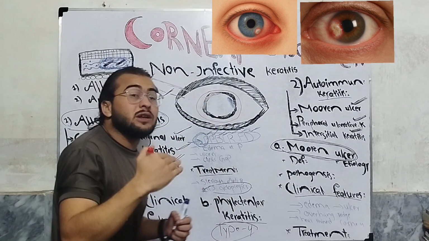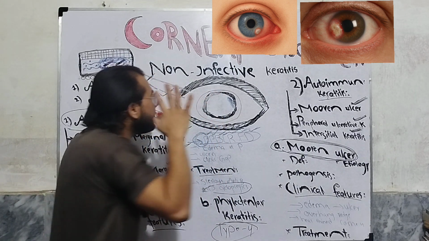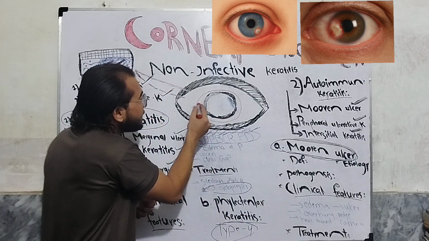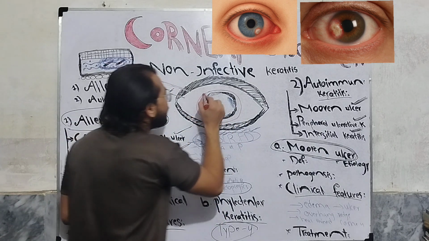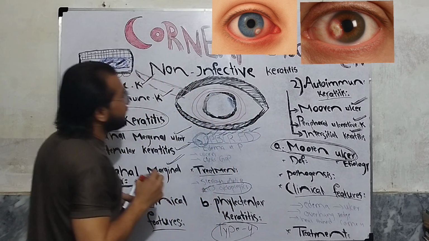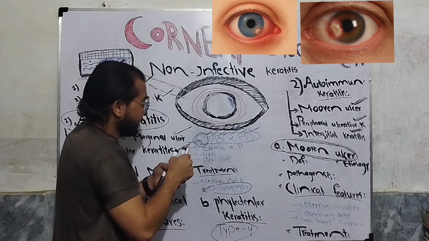As we know, the cornea is an avascular structure. Anteriorly it is supplied by tears and posteriorly by aqueous humor, but the limbal area is supplied by this limbal vasculature.